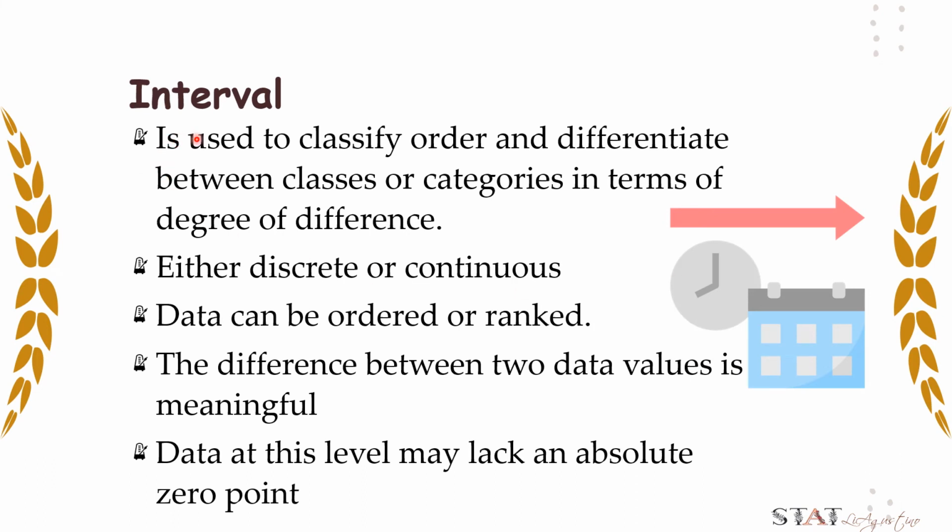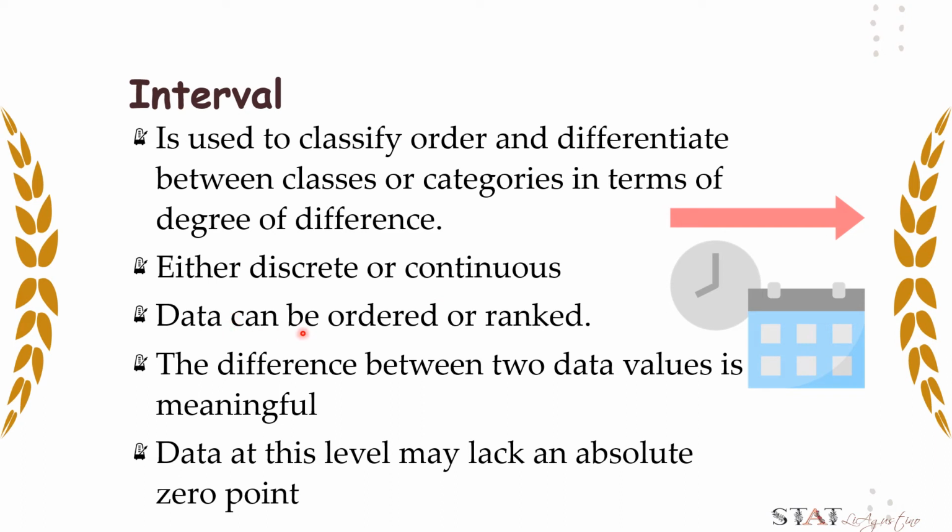Let's proceed to interval. It is used to classify, order, and differentiate between classes or categories in terms of degree of difference, either discrete or continuous. When I say discrete, it's whole numbers; continuous is infinite. I believe you know this definition from your elementary statistics, so I won't bother to define it.